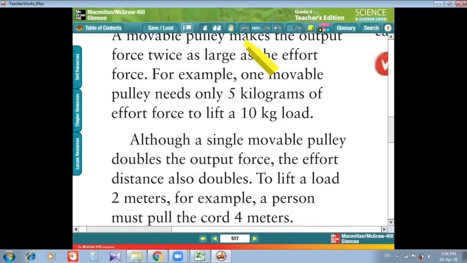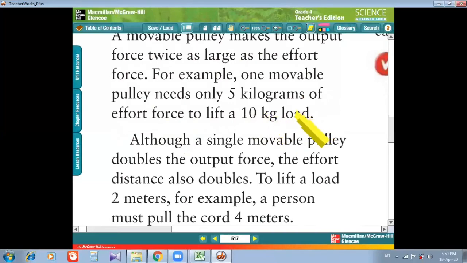A movable pulley makes the output force twice as large as the effort force. Meaning in a movable pulley, the output force will be double the effort force. For example, one movable pulley needs 5 kilograms of effort to lift a load of 10 kilograms.